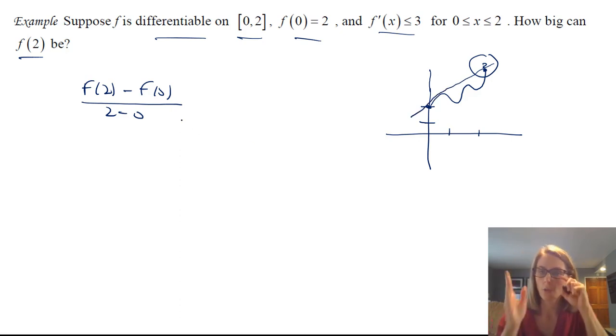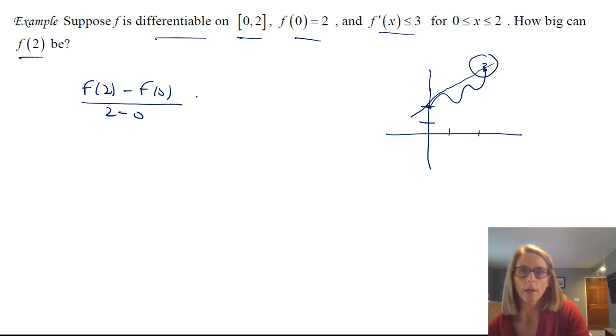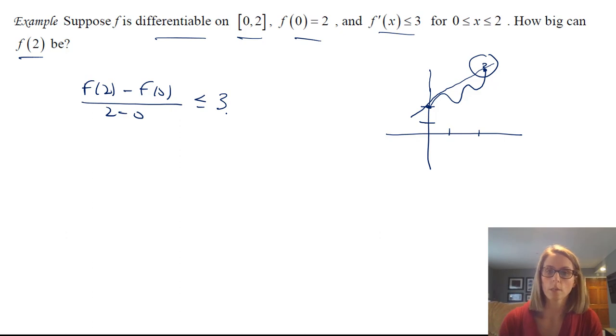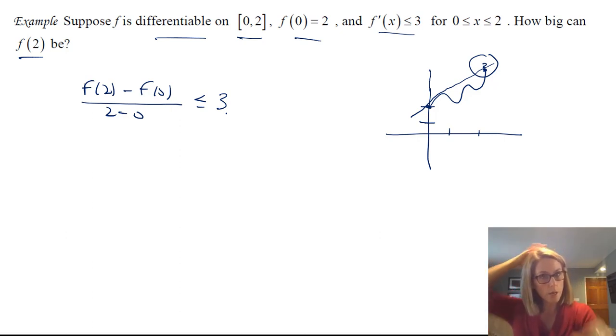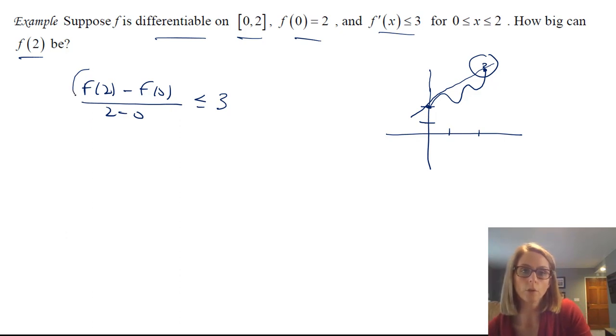We know that the derivative is always less than or equal to 3, because we're told that the derivative is always less than or equal to 3. Our job here is to think about f of 2. That's why I'm using the secant line, because I'm being asked specifically about that y value.